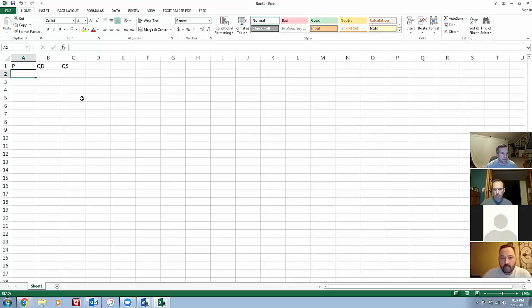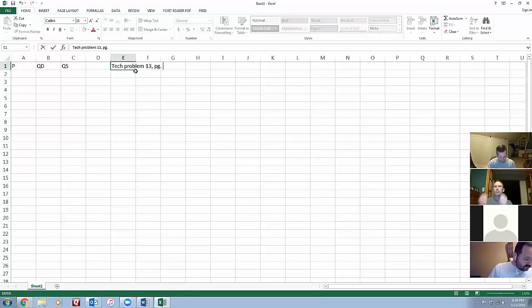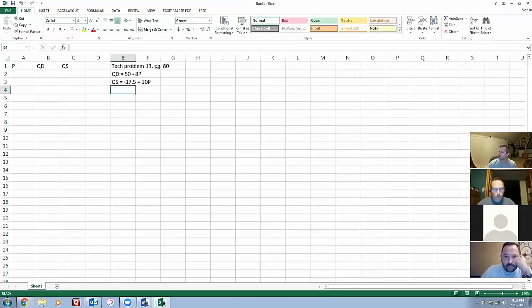So I'll put that at the top too, just to give you a little note. Tech problem 13, which is on page 80, has QD equals 50 minus 8P, and QS is negative 17.5 plus 10P.